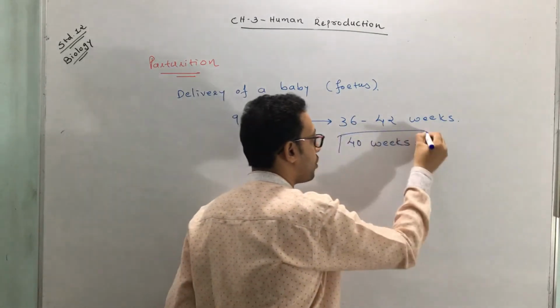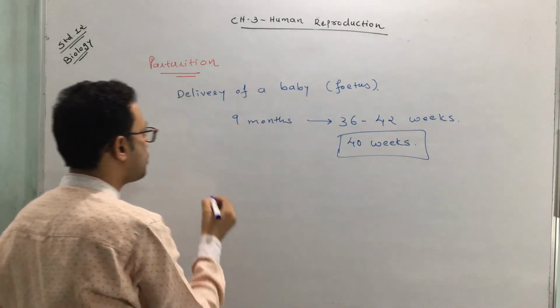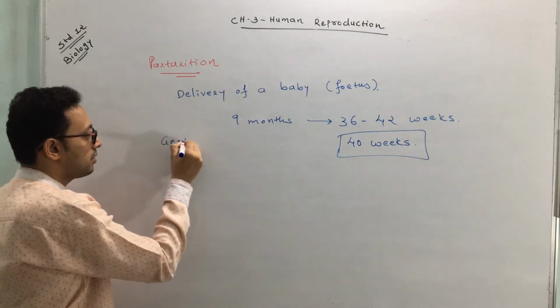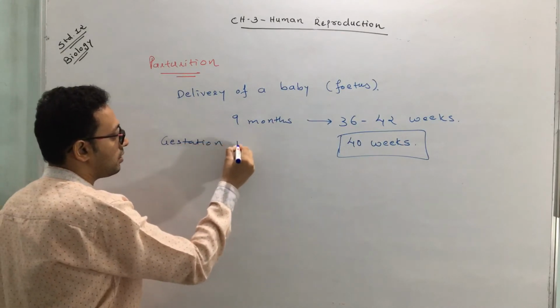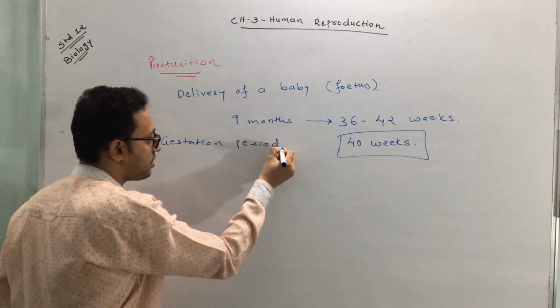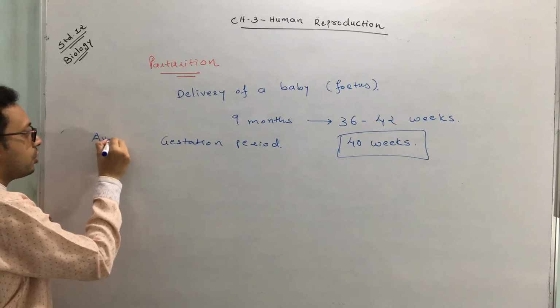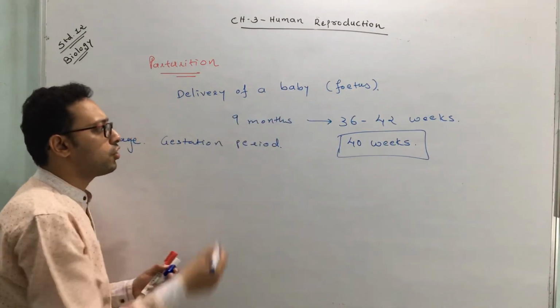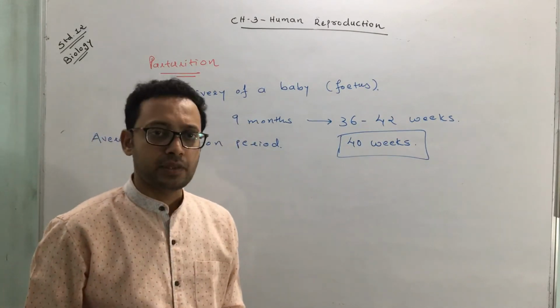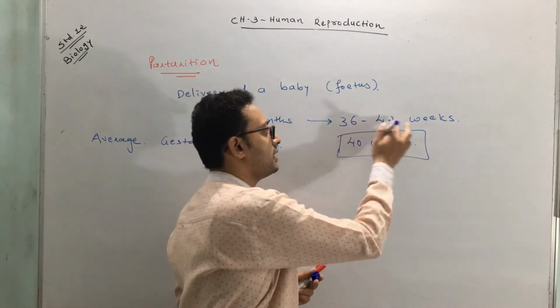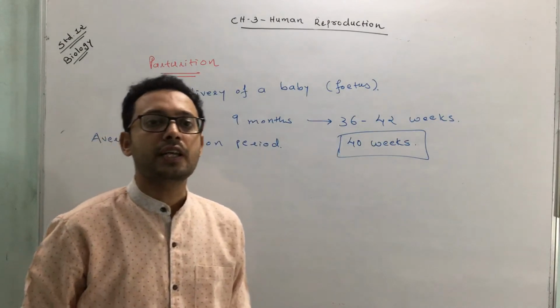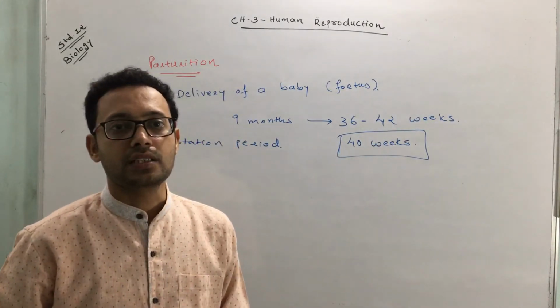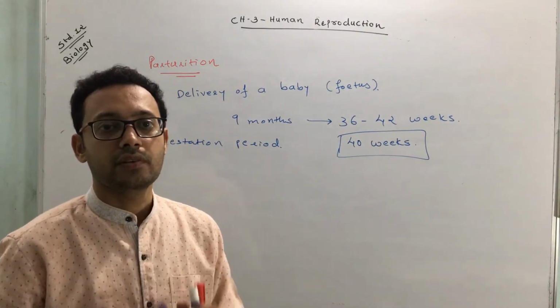To remember, what is the normal gestation time? This is considered the average gestation period, 40 weeks, or in common language, 9 months. But if it is in the range of 36 to 42 weeks, then also in medical terms it's considered a normal gestation period.